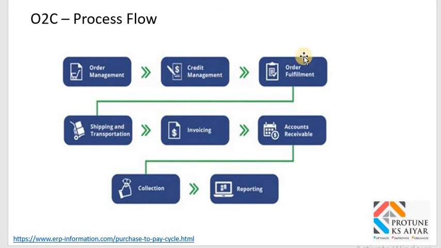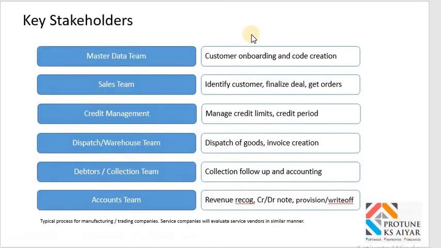If your order is not there, your invoice would not get created. If you've not created an invoice, you would not collect it. So code creation in any ERP environment is the first point of entry of your customer, vendor or material. That is why this is one of the critical starting points, and we need to check that. So, master data team for code creation.